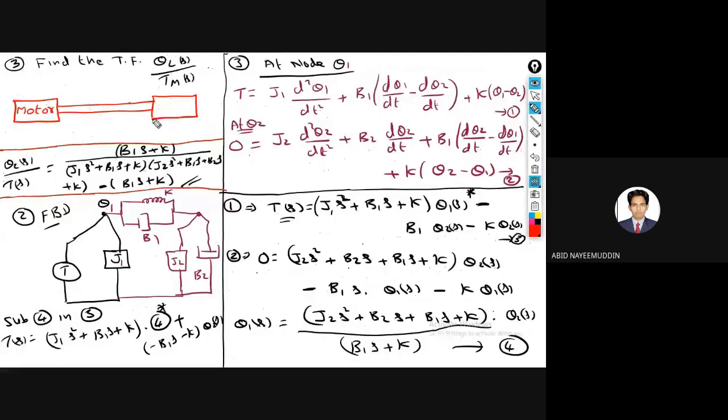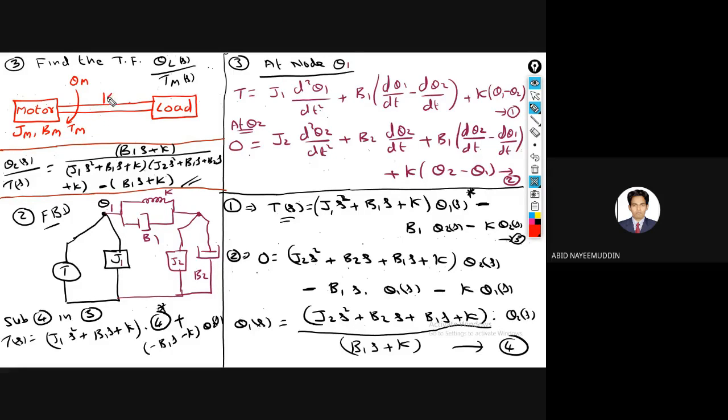You must have done this in the machine lab. Through some mechanical drum, the motor is loaded like this. So this motor has mass J and friction Bm. At the motor side, the torque is Tm and the displacement is theta m.